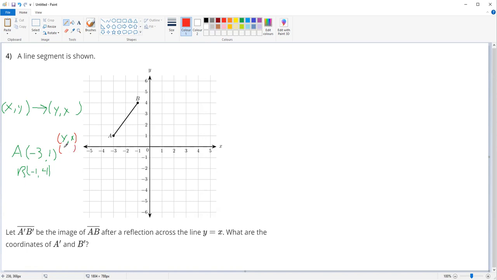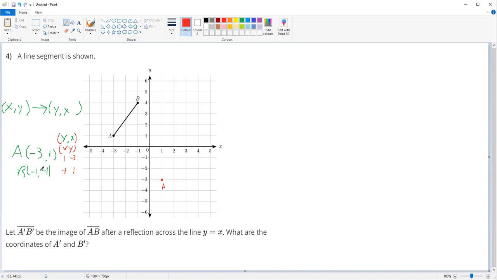You just flop them. Your x value is drawn from your y, 1 and 4. Your y value is drawn from your x, -3 and -1. So my new A value is (1, -3).